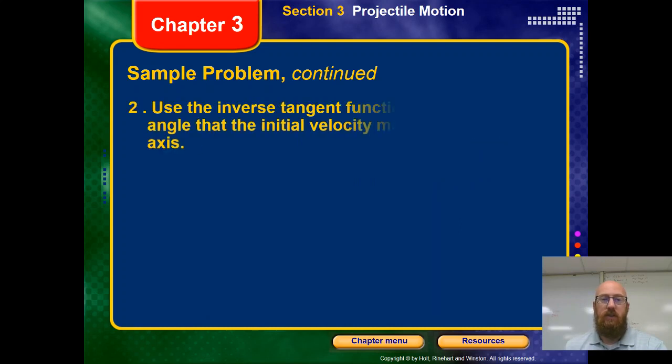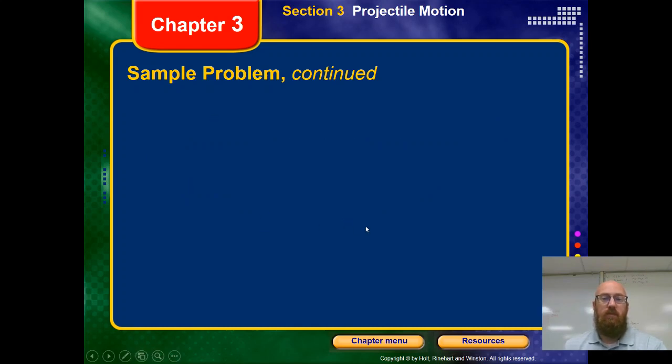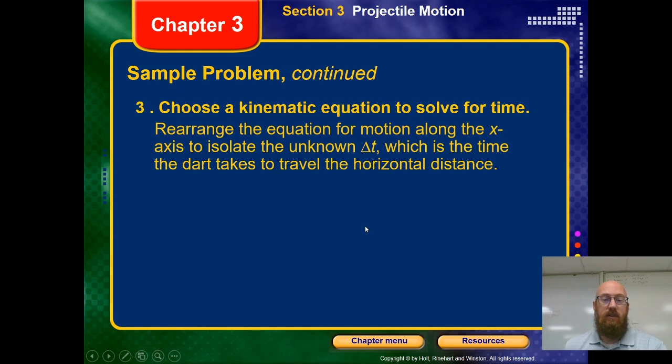Seconds over, here we go. So, easy part, you find the inverse tangent of delta y over delta x. Find your angle is 21 degrees, 22 roughly. Now, we need to know an x and t system.